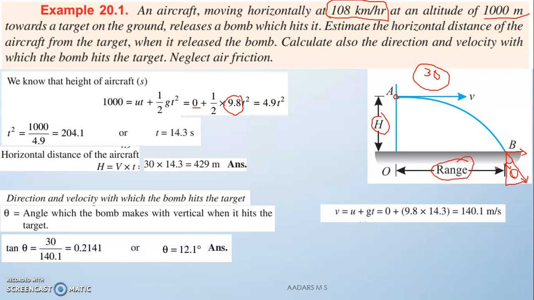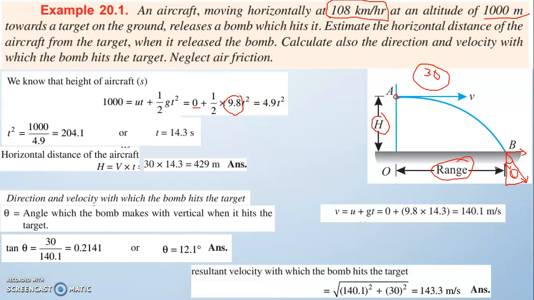From that we can calculate the angle θ. We can calculate the magnitude of the resultant velocity by taking horizontal squared plus vertical squared and taking the square root. We get the resultant velocity of the object as 143.3 meter per second.